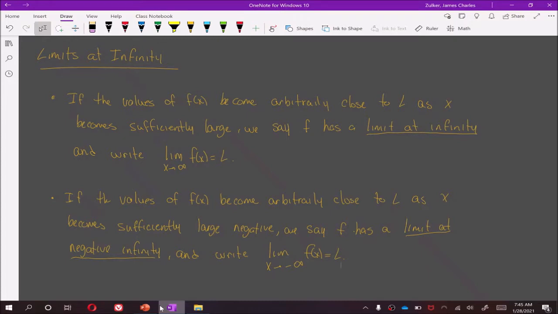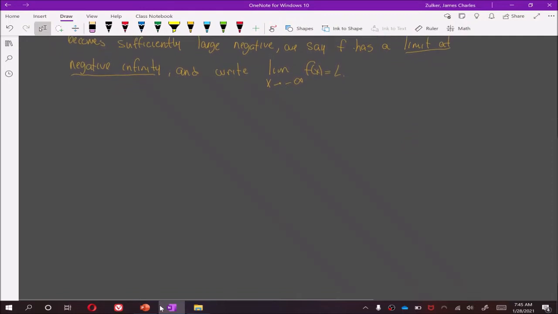Now, with these two definitions, we can formally define what is meant by a horizontal asymptote.